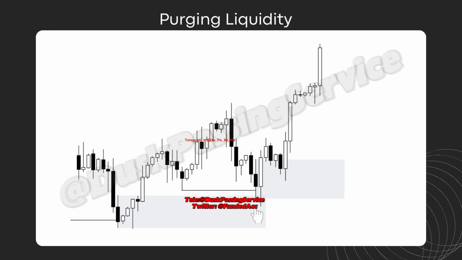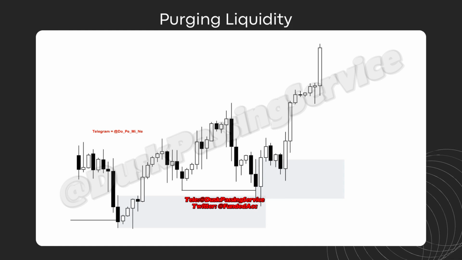Not only that, but with this candle we also tested a previously existing order block, which means this candle also filled liquidity. So this candle has done two things: it purged liquidity, and along with that, it filled liquidity in the form of testing an order block.